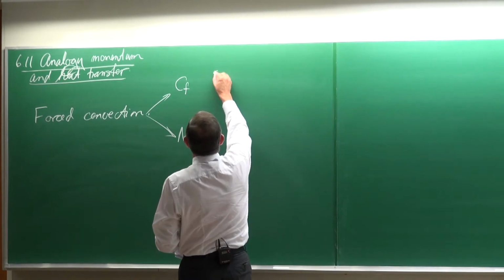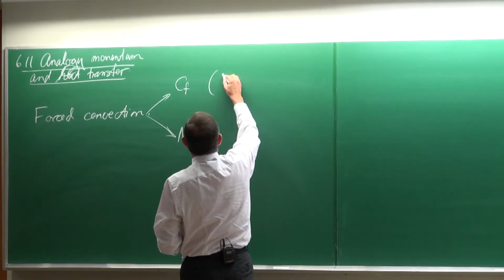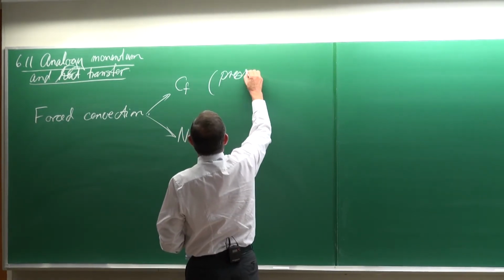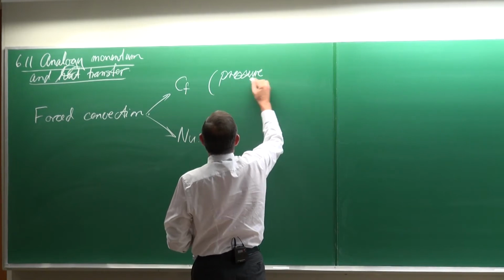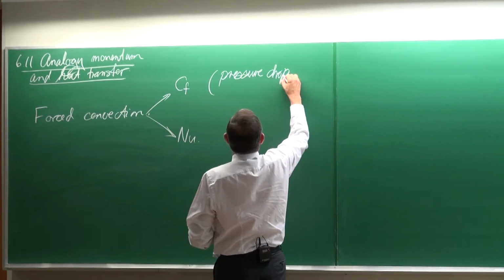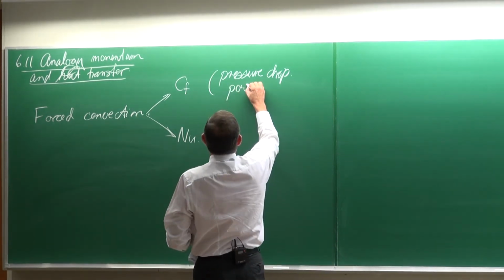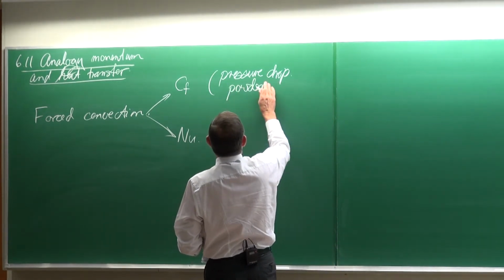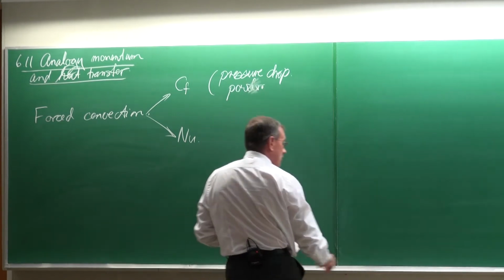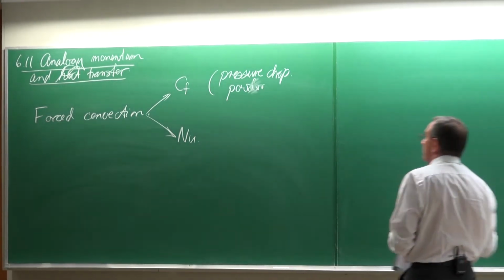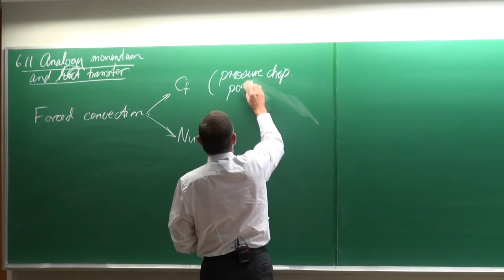Why do we need the friction coefficient, or why is that important? Because if we have it, we can determine the pressure drop. And the pressure drop is important because that determines the external power which is being required by a fan or a pump. So it is something that we pay for.